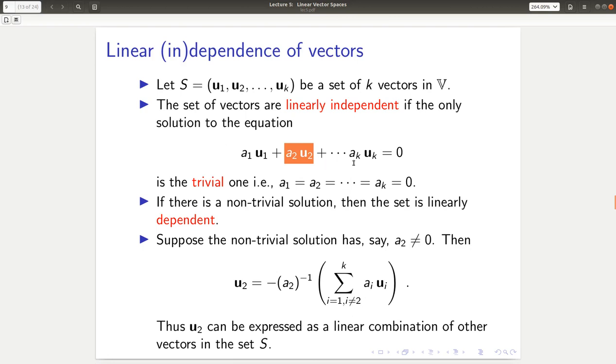So it's just the same sum without the highlighted term. So what this tells you is that if the set is linearly dependent, we can eliminate one vector, in this case u2. We can write it in terms of all the other vectors. So u2 can be expressed as a linear combination of other vectors in the set S.